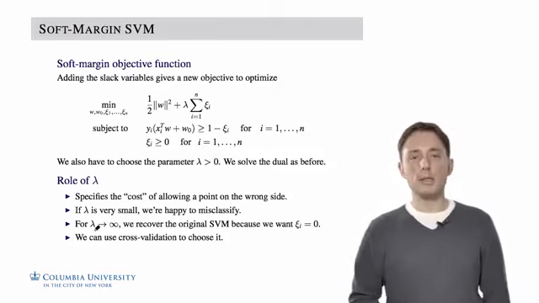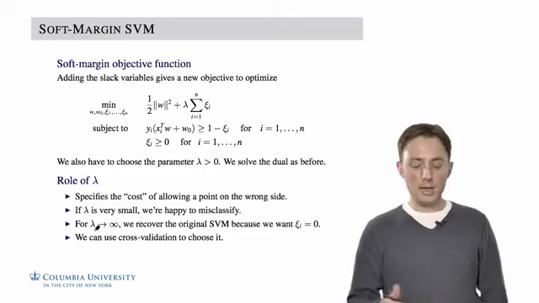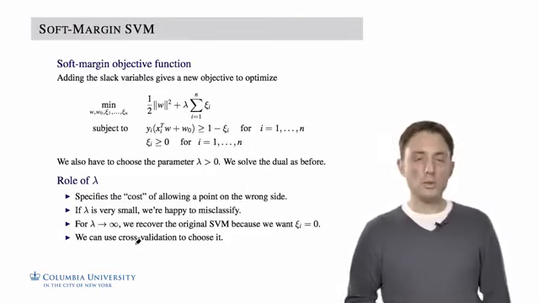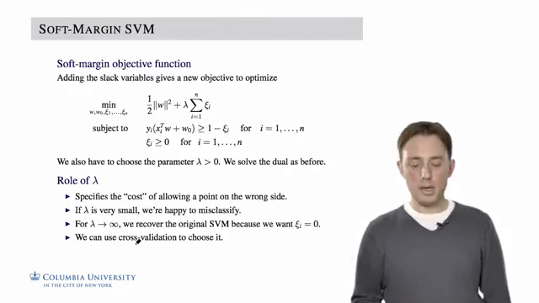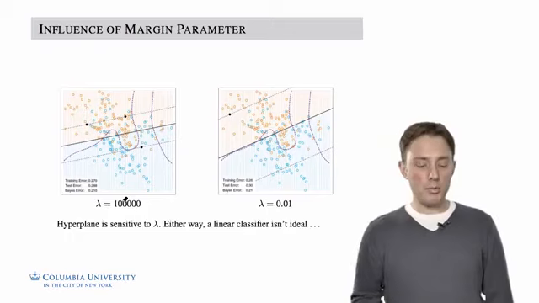So lambda is this additional parameter now that we have to set. It's a number greater than 0, and it can be set in a few ways. The most common way would be to use something like a cross-validation type technique. The important thing about lambda is that it's going to change the hyperplane that we learn.